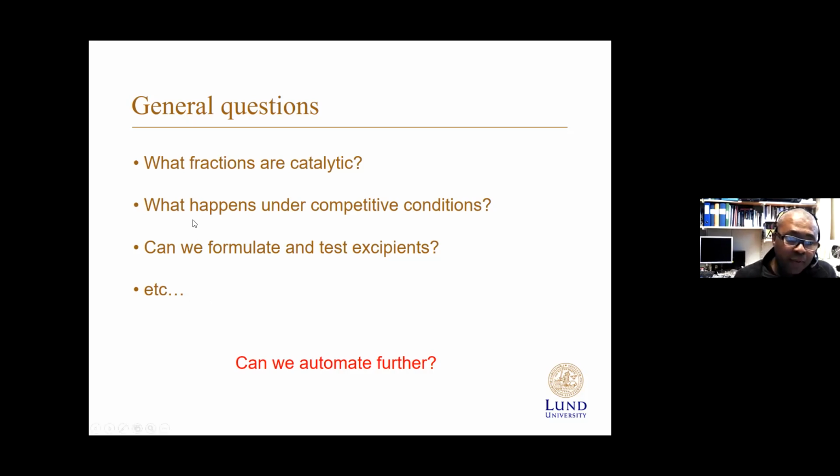But also in the same study, we looked at what happens under competitive conditions. So in this case, we added some galactose and then some lactose and tried to see how those two different substrates change the catalysis and change the UV, the fluorescence, and the scattering.